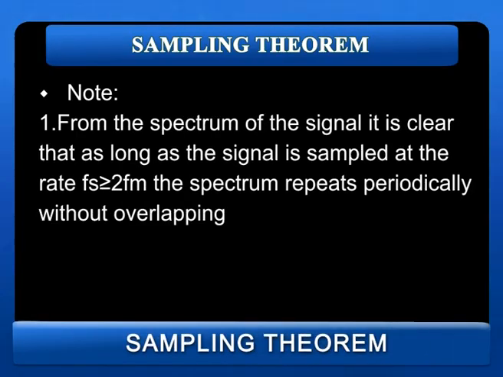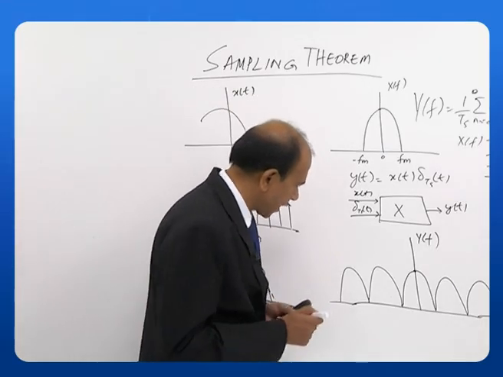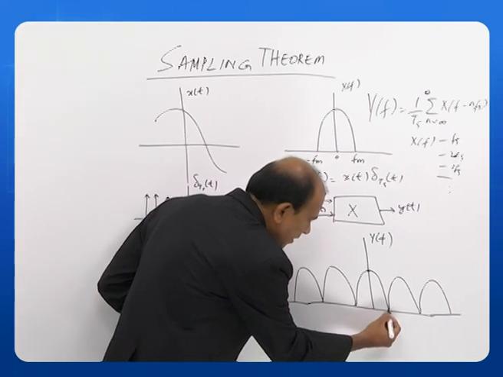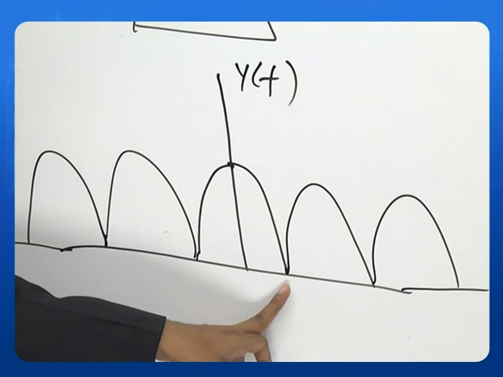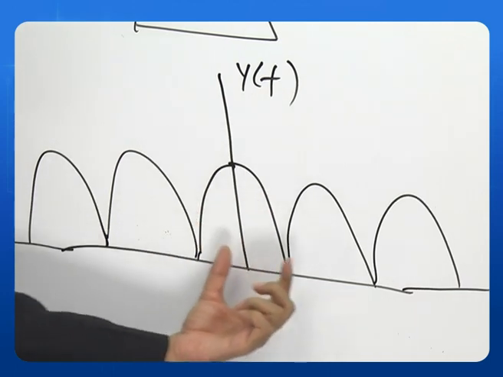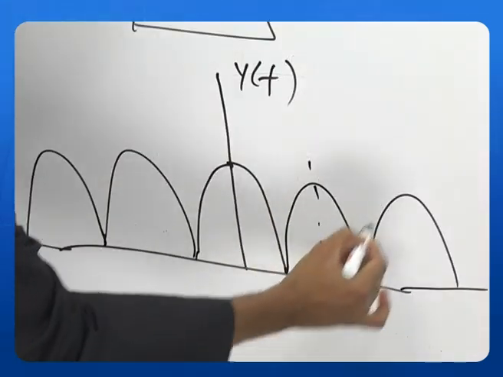From the spectrum of the signal, it is clear that as long as the signal is sampled at a rate fs greater than 2fm, the spectrum repeats periodically without overlapping. If you see here, the spectrum is repeating here. Once this is over, then the second one is starting, isn't it? The second one is starting here.